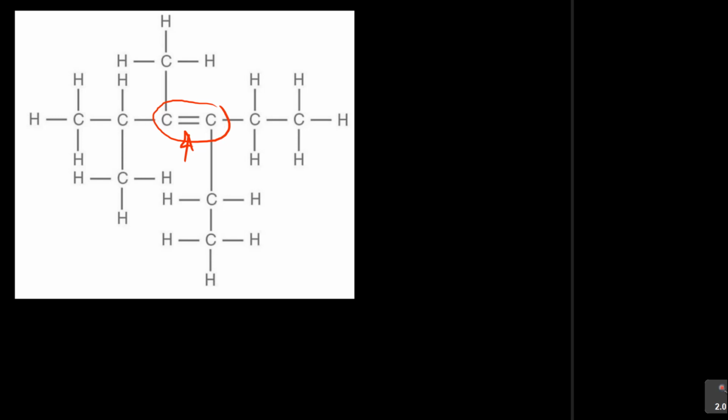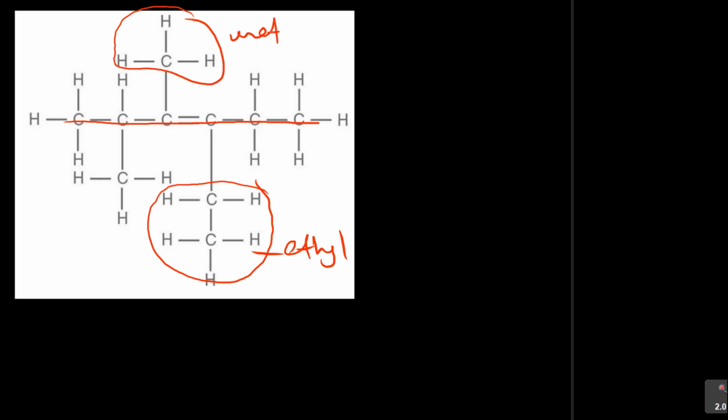So I cannot go like this. Whenever I'm going, I must pass via the functional group. So I can go like this, it's allowed, or I can go straight.